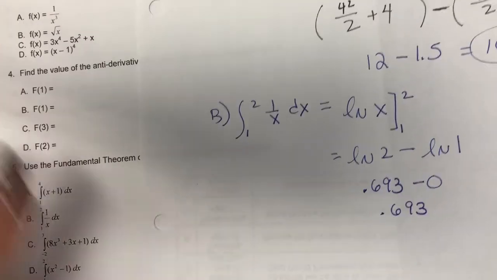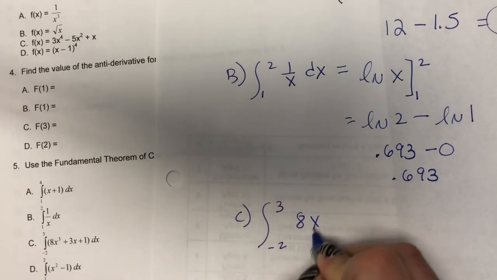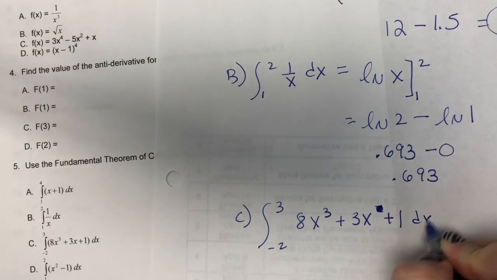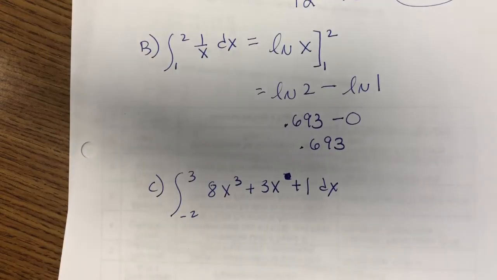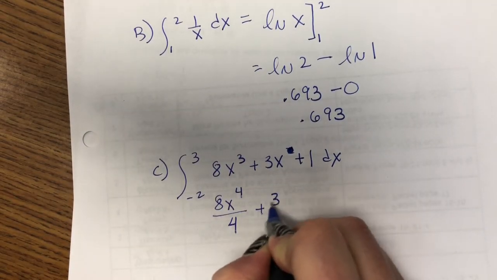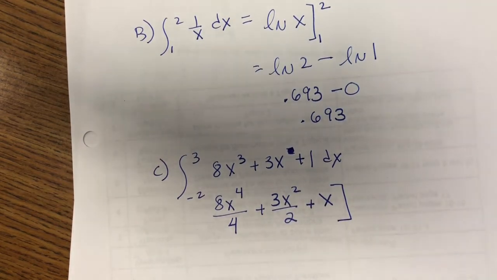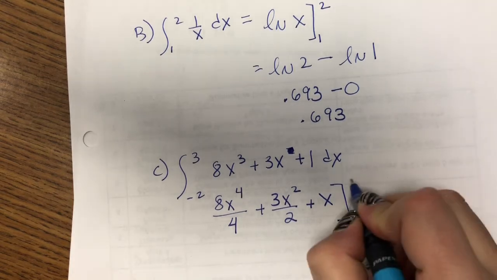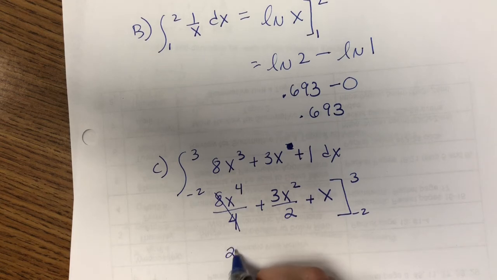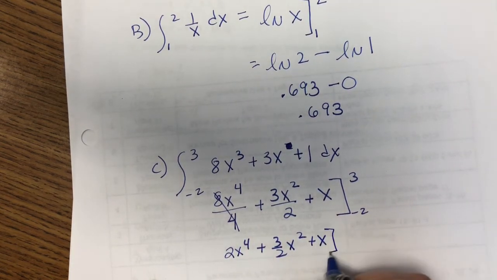All right, C. Oop, just x. All right, so the antiderivative, add 1 to the exponent divided by the exponent, and then the constant becomes x, from -2 to 3. I'm going to simplify this, and we have 2x to the 4th plus 3 halves x squared plus x.